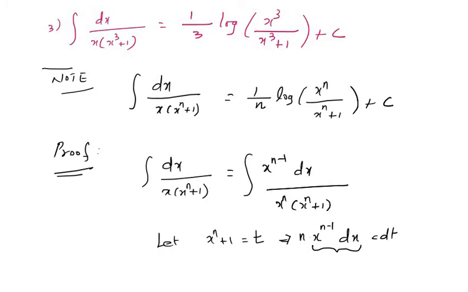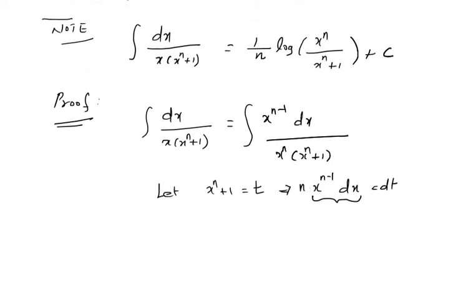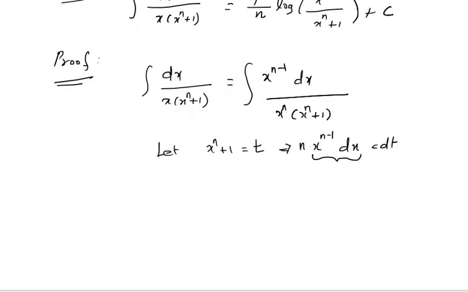Now I am going to replace the variable completely in terms of t. What is x power n minus 1 dx? That is nothing but dt by n, whole divided by, again, x power n. What will be x power n? See, x power n plus 1: what was my assumption? x power n plus 1 equal to t.